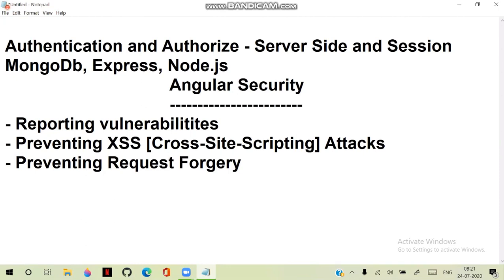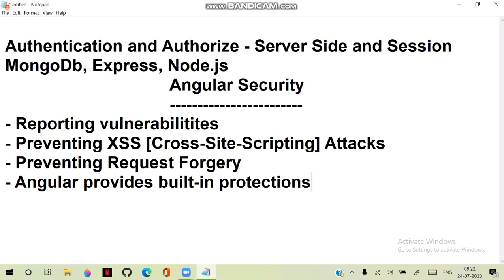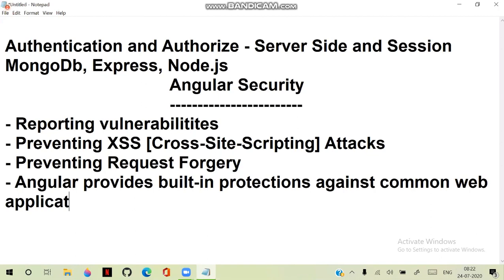The important point you should know is that Angular provides built-in protections against common web application vulnerabilities and attacks.